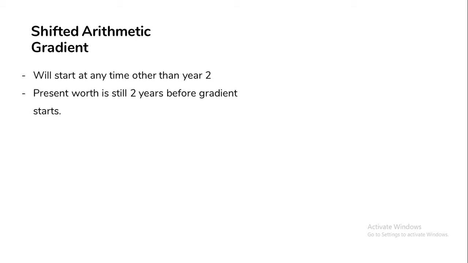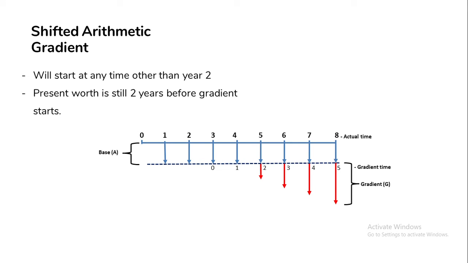The gradient, which adds a constant amount, will start at any time, either year 2, 3, or year 5. But the present worth is still 2 years before the gradient starts. So this will be the cash flow diagram of the shifted arithmetic gradient.